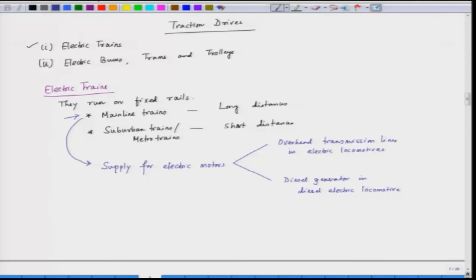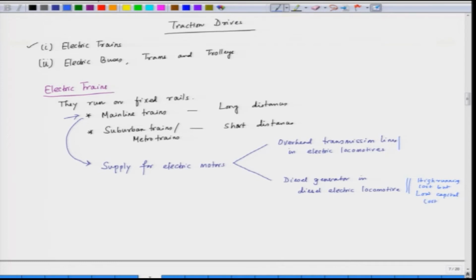Now, the diesel generator class of locomotive has high running cost, but low capital cost.